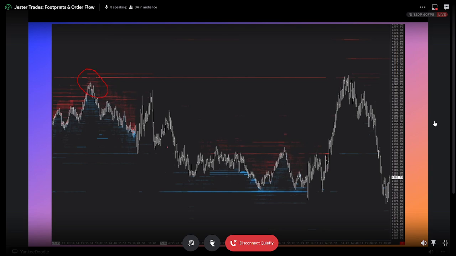They started putting their orders lower down, I think around 4580, 4579 type area. Price consolidated above it, and then it went right down. It bounced right before hitting it, and then it went down and swept it.